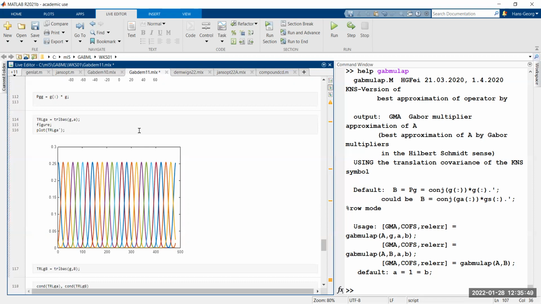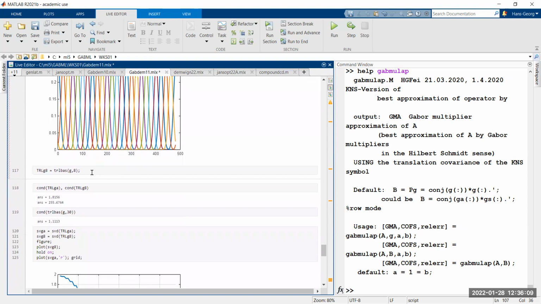Now, if I take the translates along the lattice a, which is 20, I get this family. Remember, you like to use families which are families of row vectors. So 24 vectors are here as row vectors, but plotting requires to take the transpose, turning them into column vectors. I could also take the same family, but with a much smaller lattice constant, 8.